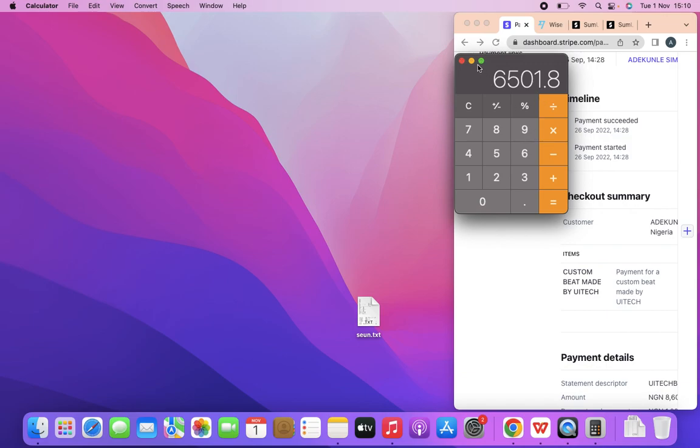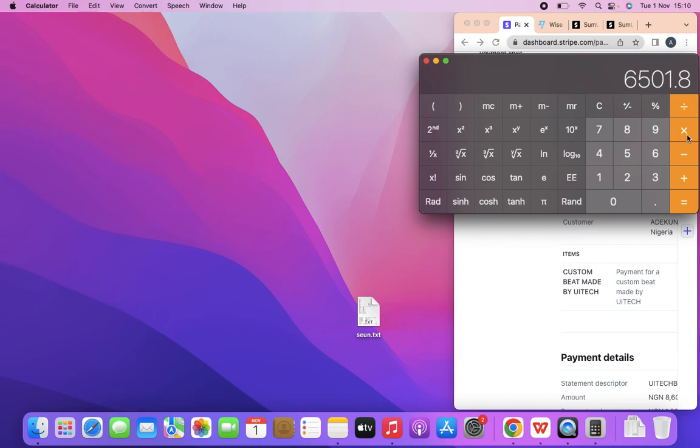So if you have maybe 100 cards that you run every month, that means you'll be making about 650,000 naira. In my own case, I had about 2,000 cards, and I think I was making 4,500 naira per card then.